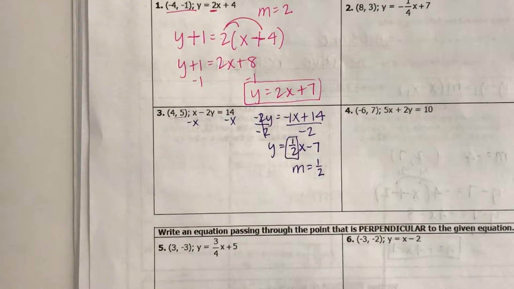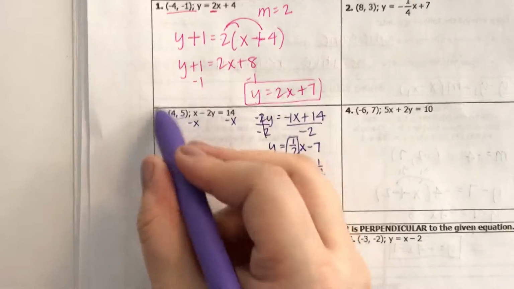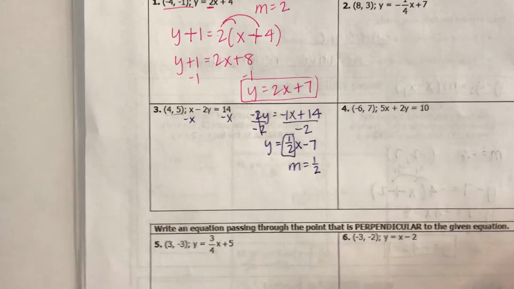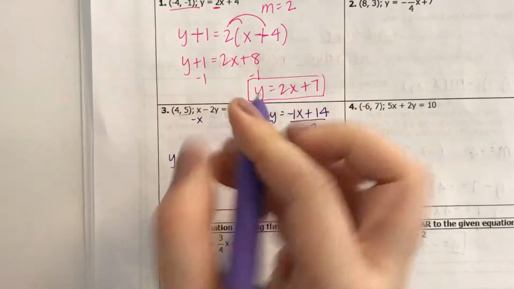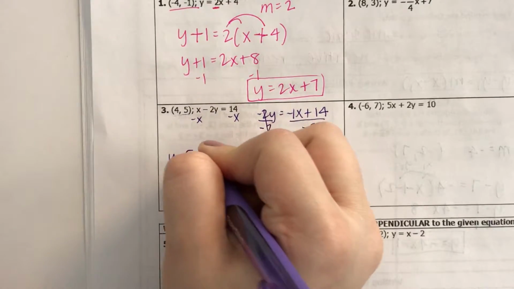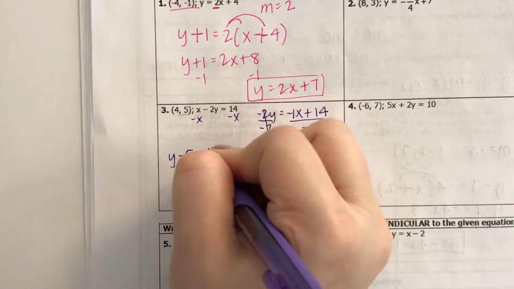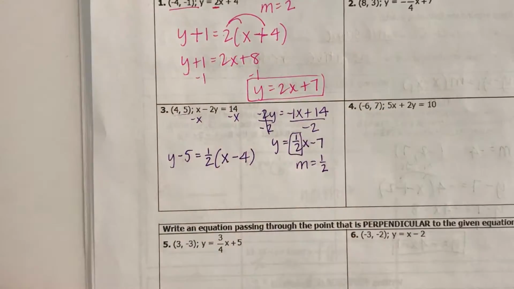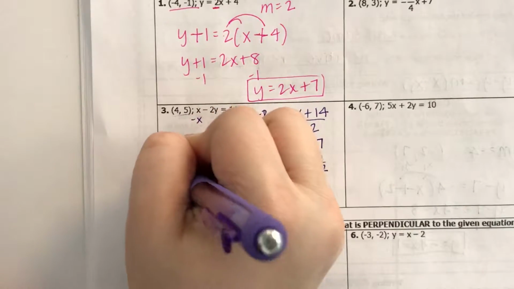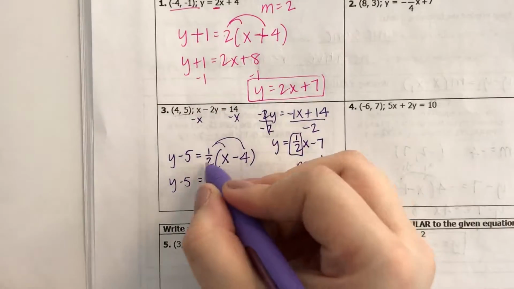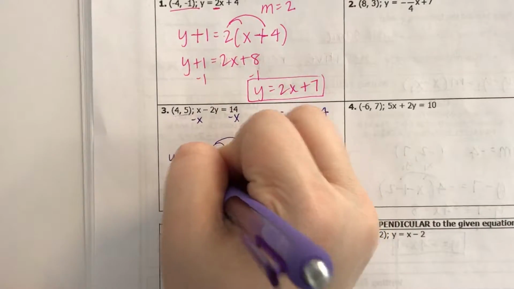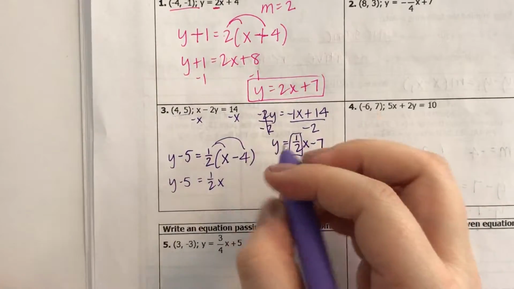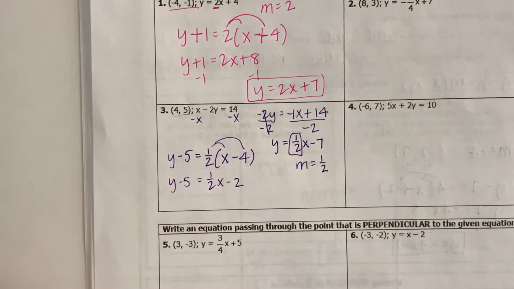Okay? So we have our slope and our point, and we can plug it into our formula. So we have y minus 5 equals slope 1/2 times x minus 4. And we distribute. y minus 5 equals 1/2 times x is 1/2 x. 1/2 times 4 is 2.